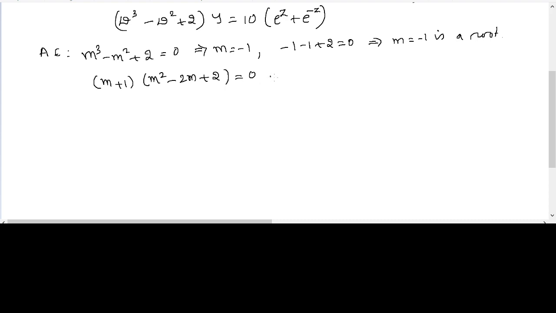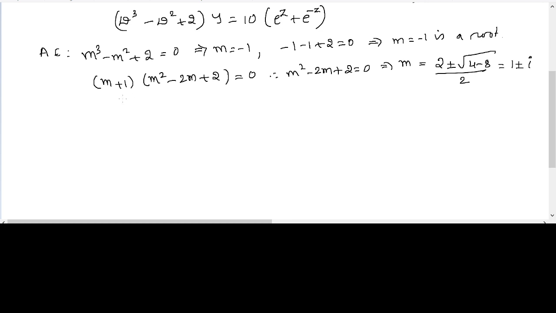And now by solving m square minus 2m plus 2 equal to 0, we get m equal to 2 plus or minus square root of 4 minus 8 divided by 2. So this is giving us 1 plus or minus i. Therefore one root is real and two more roots are imaginary.